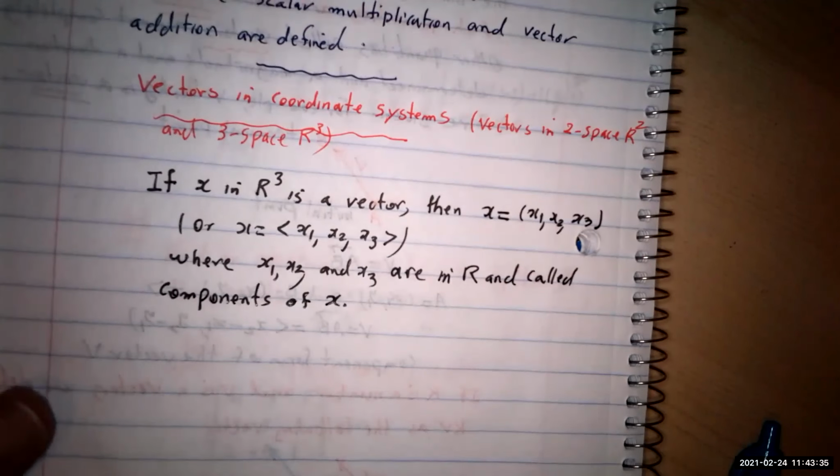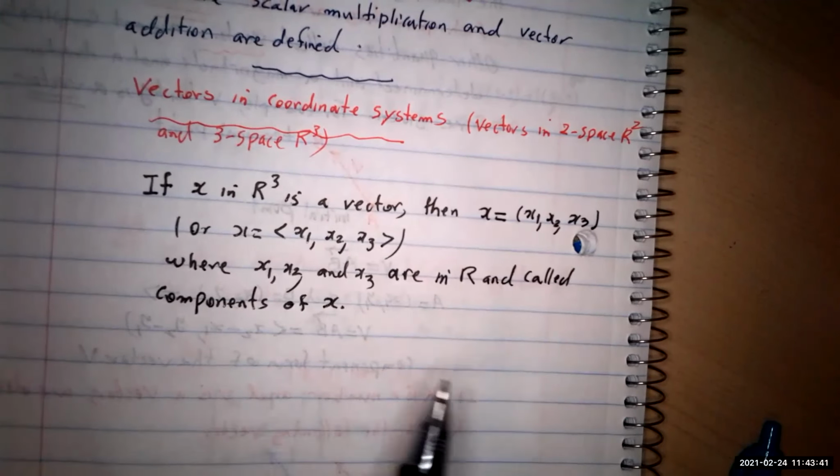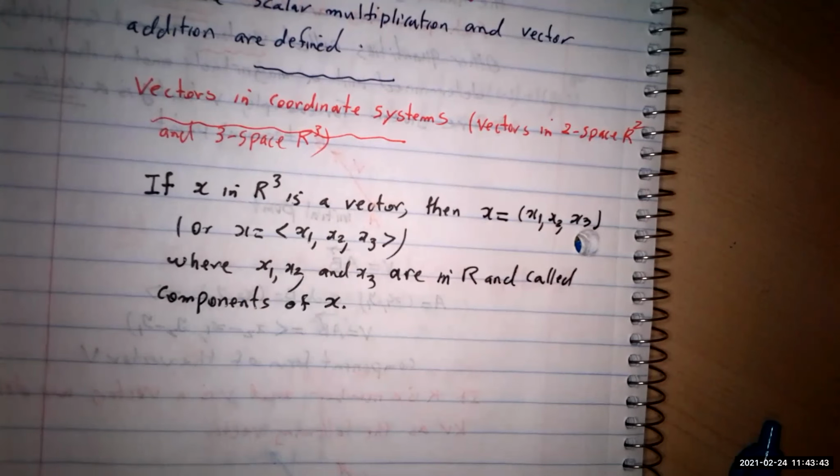So we are going to denote the point in R3 using this notation, and we can use it in Rn as well: x1, x2, x3 up to xn.